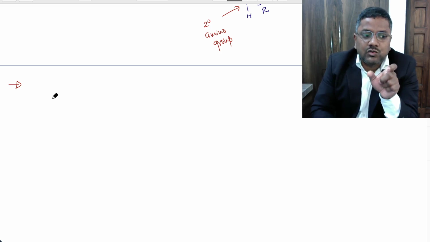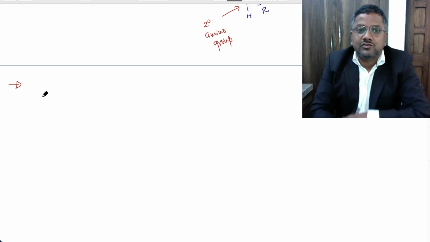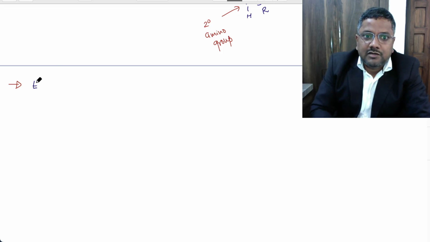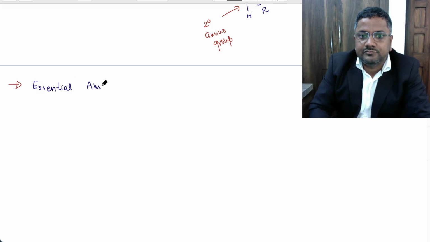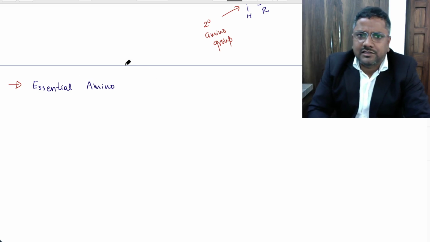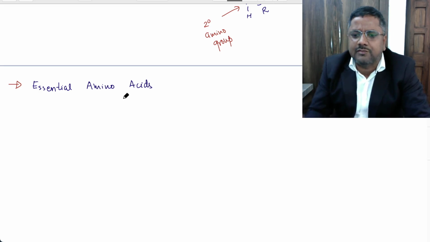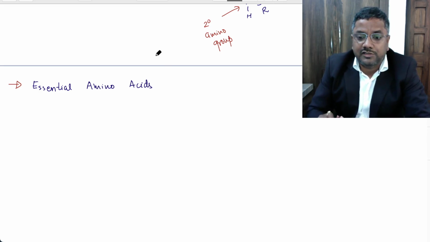So the external source is what? Food. So essential amino acids, and I think this is listed in your NCERT book. You can go through the names of those essential amino acids. By default, I am not writing alpha amino acid here because amino acid means alpha amino acid in this chapter.